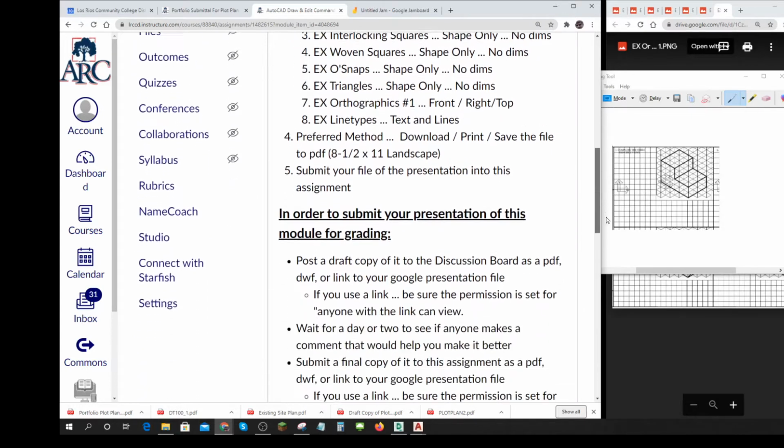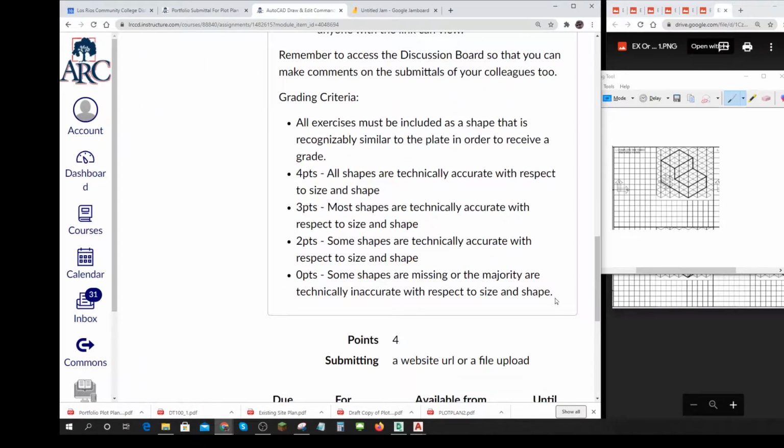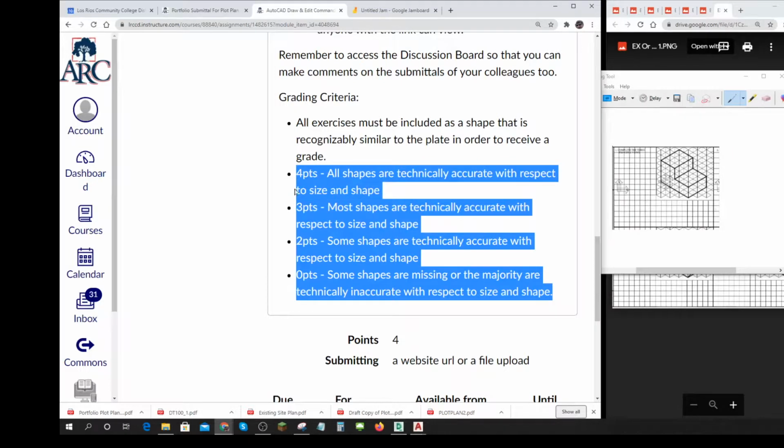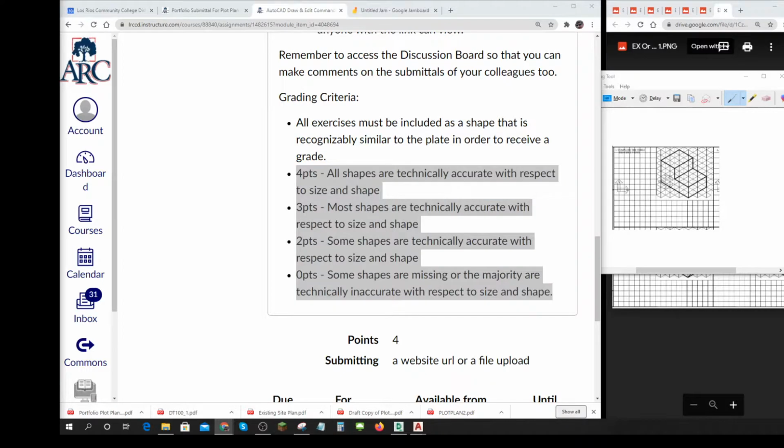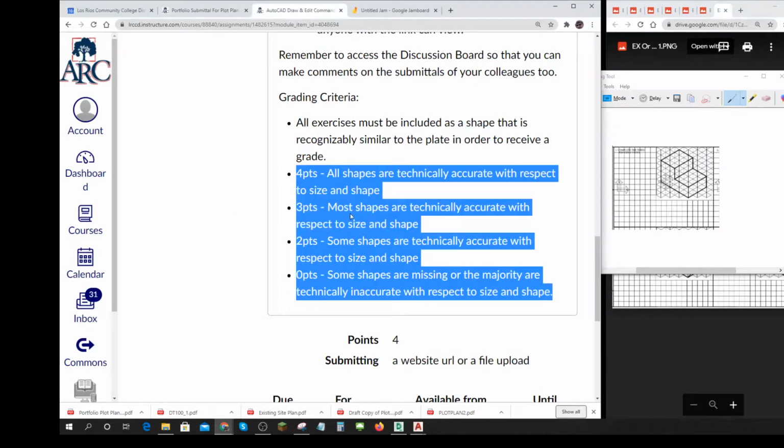Two of my drawings, I wasn't looking very close. Almost all of my interlocking squares and my triangles are very, very close. At least, how many points would I get from that? You'll get a lot if you've done a really good job. See how it says most shapes are technically accurate. Okay, so if you've got 6 shapes and one of them has like 30 parts to it and you're missing 1 or 2, I have all the parts.